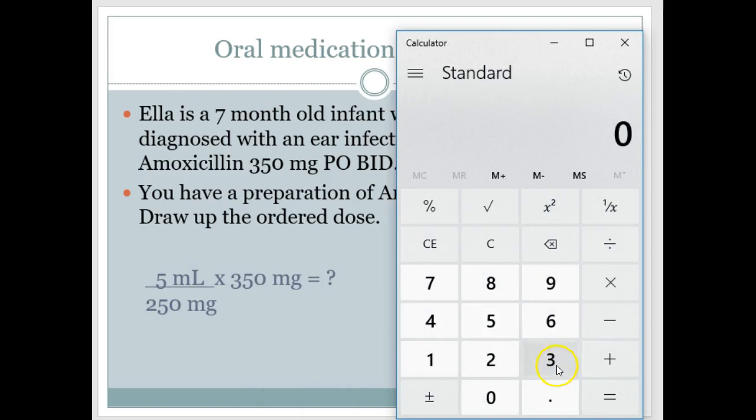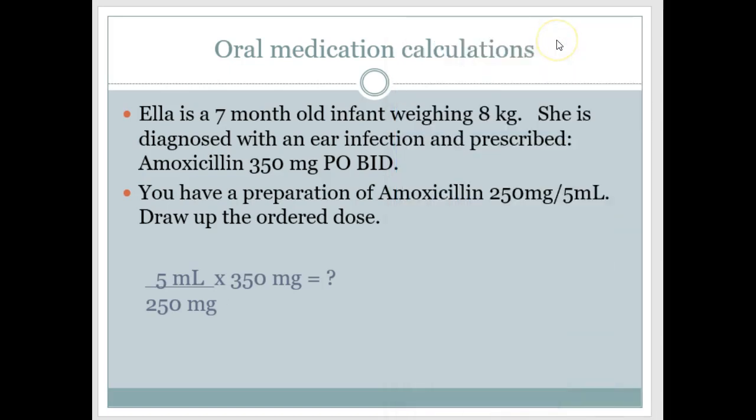So let's just do that. 350 divided by 50, and there we have our volume, 7 milliliters. And so we look back. We had predicted that would be a little over 5 milliliters, so 7 does seem reasonable. And then that volume might change, again, depending on what concentration our dose is available in.